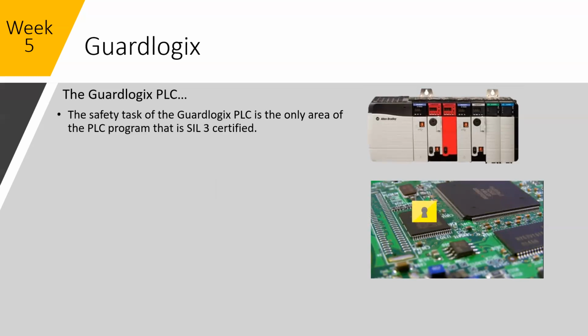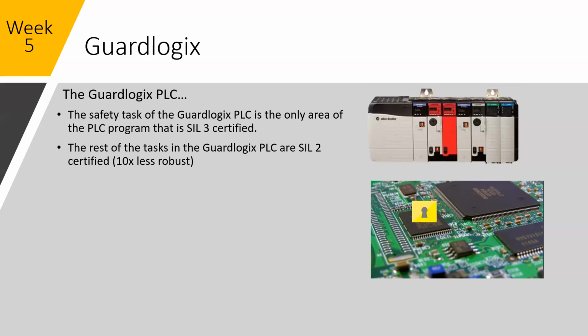The safety task of the GuardLogix PLC is the only area of the PLC that would be certified SIL3. The rest of the tasks of the GuardLogix are SIL2 certified, so 10 times less robust. And anything inside that safety task is SIL3. I don't know if somebody's going to ask, I don't know if they make one that's SIL4.